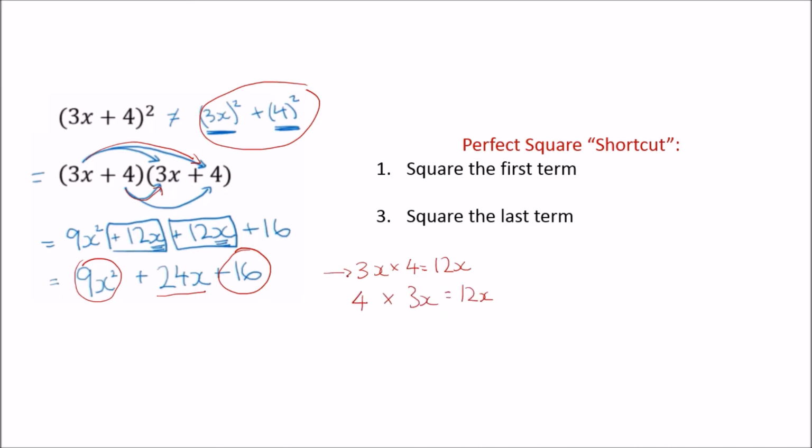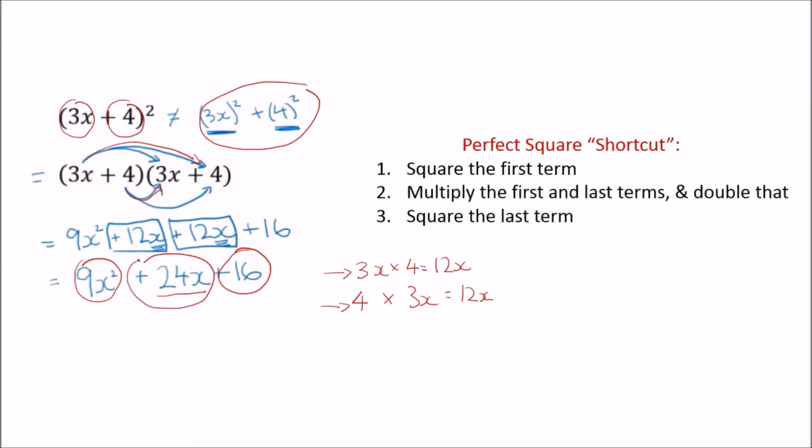and this 12x here came from 4 times 3x. See how these are the same calculations, 3x times 4 and 4 times 3x? And really what they are is the first original term times the second original term. And we end up doing that twice. So what we really end up with down here is multiplying the first term and the last term and then doubling that answer.